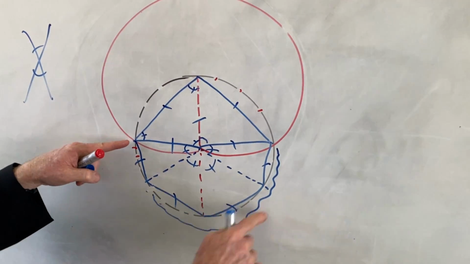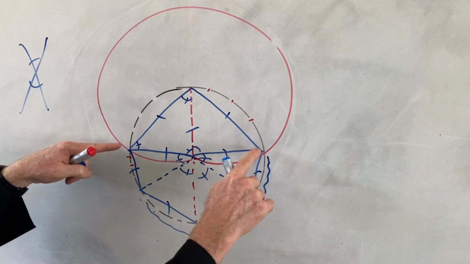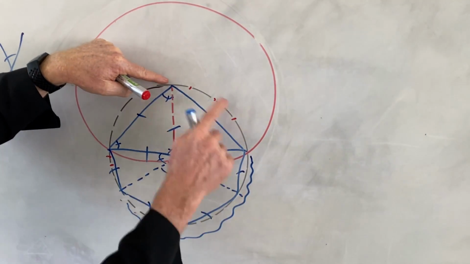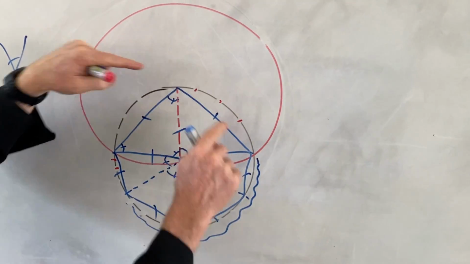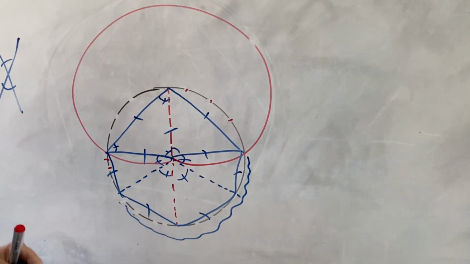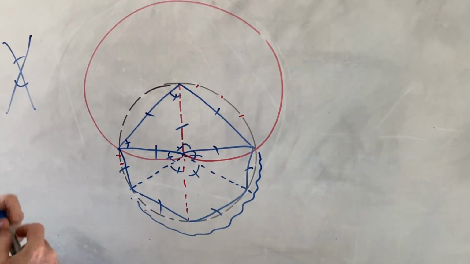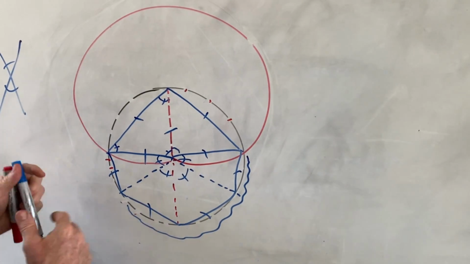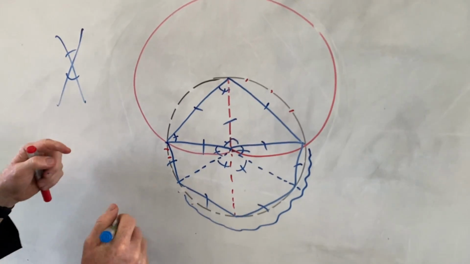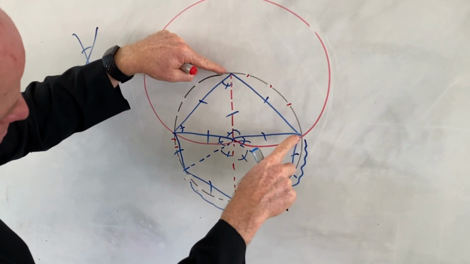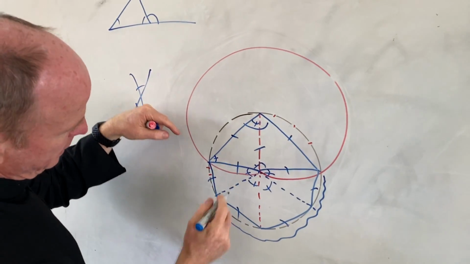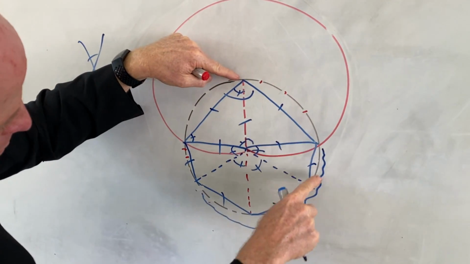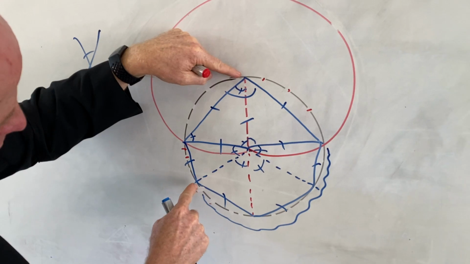Okay, but this angle here is standing on this circumference, and this angle here is standing on this circumference, and this circumference was proven equal to this circumference. And we know in equal circles, equal angles at the circumferences which stand on equal circumferences are equal to each other. Therefore, this angle here is equal to this angle here.